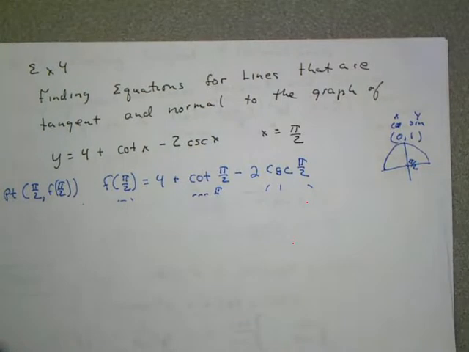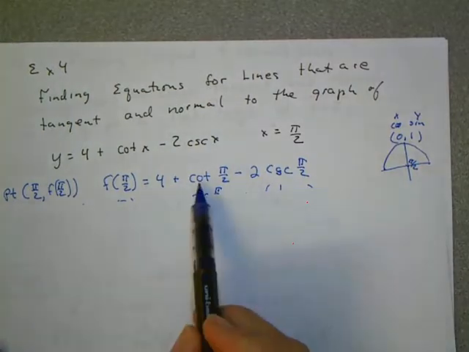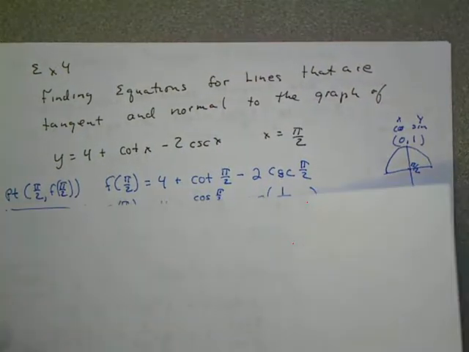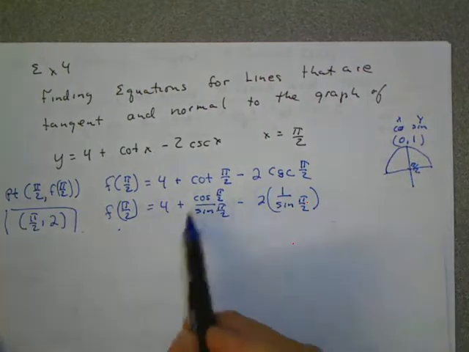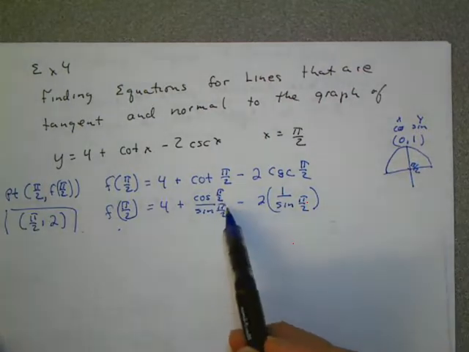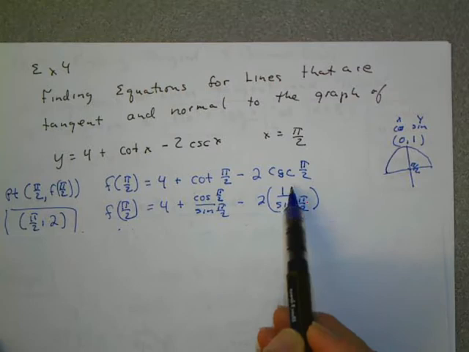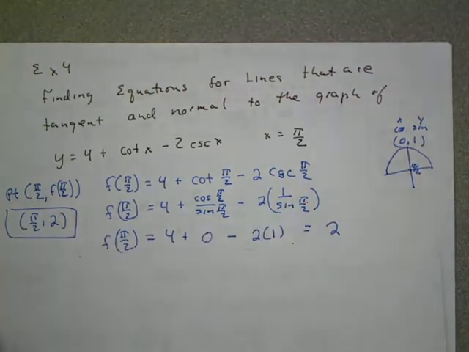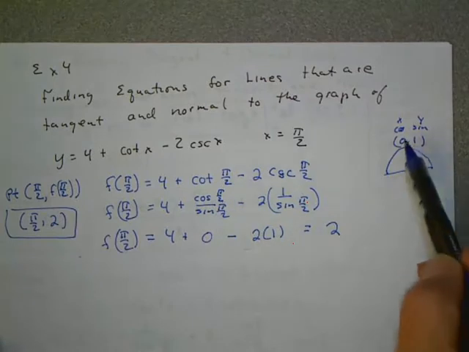Since I can write the cotangent and cosecant in terms of sine and cosine, this is easy to evaluate. So I'll write cotangent as the cosine over the sine, and cosecant as 1 over the sine of pi over 2.